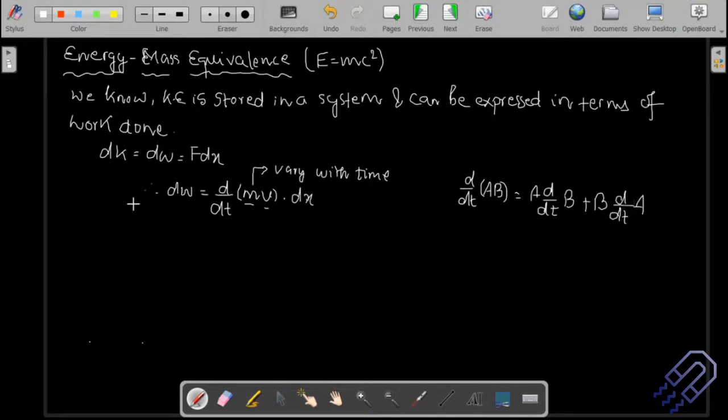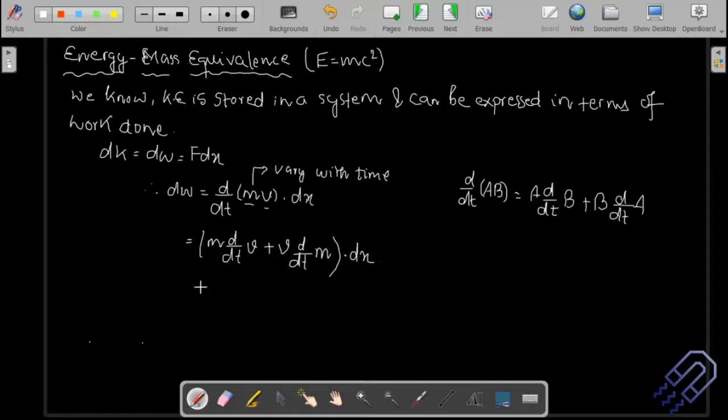So that's why I'm going to expand this and write it as m d/dt of v plus v d/dt of m, times dx, right?